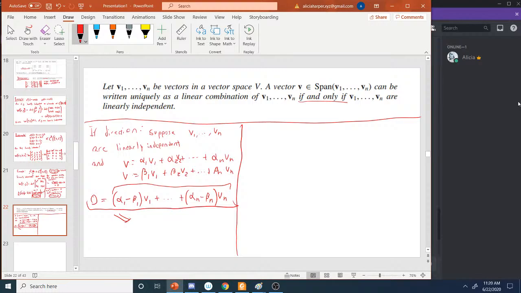So by the combination of this assumption with this equation, we find that alpha i minus beta i has to be equal to 0 for all i, which means alpha i is equal to beta i. These two expressions of V are in fact the same. So when v1 through vn are linearly independent, your vector V can be expressed in terms of these n vectors uniquely. Now let's do the only if direction.